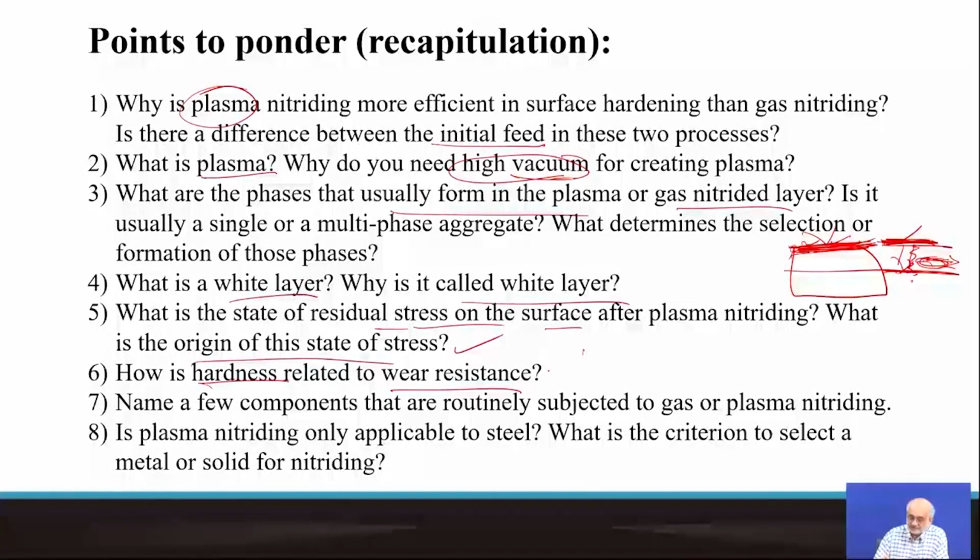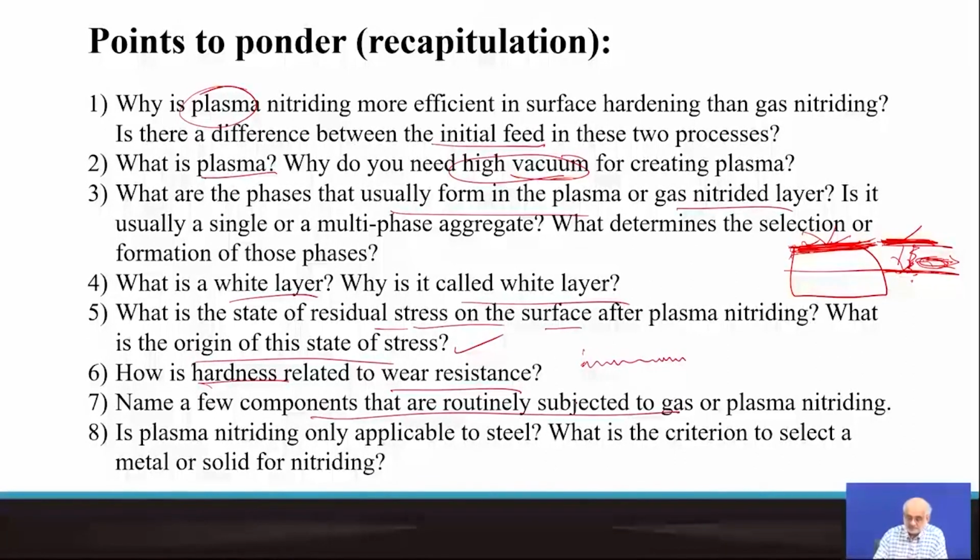Nitriding is very helpful, but in some specific cases of application where there is a lot of vibration, a lot of intermittent impact, it may lead to chipping off of the phases from the surface.